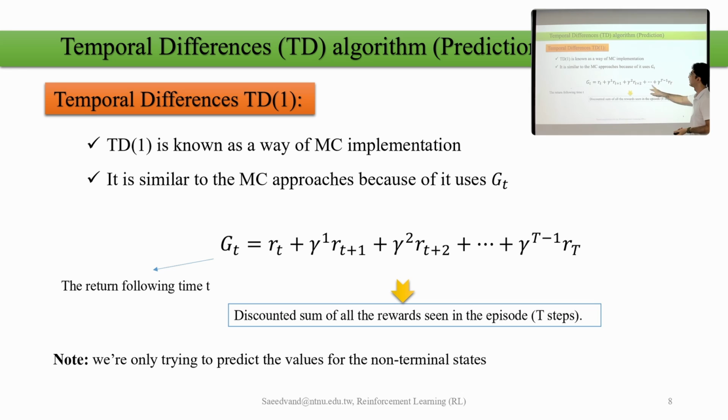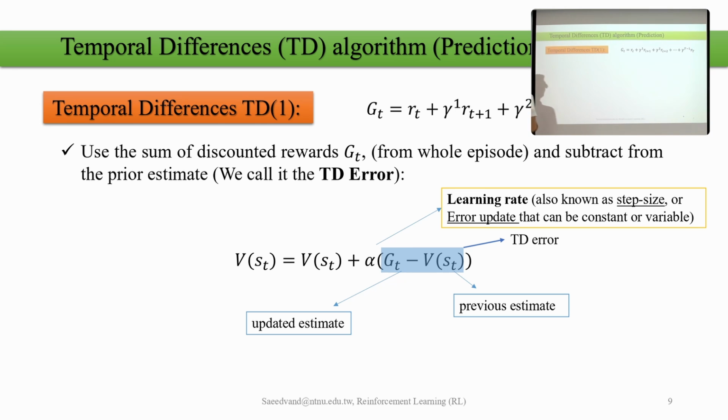So the discount factor is raised to the power of, for example, 1, 2, up to t minus 1, so that it decreases the importance of the rewards we get in the future, and the current state's reward is more important. So based on that similarity, keep GT in your mind.